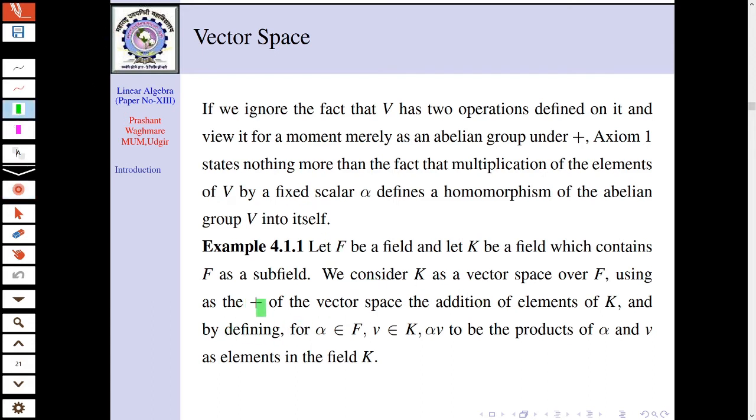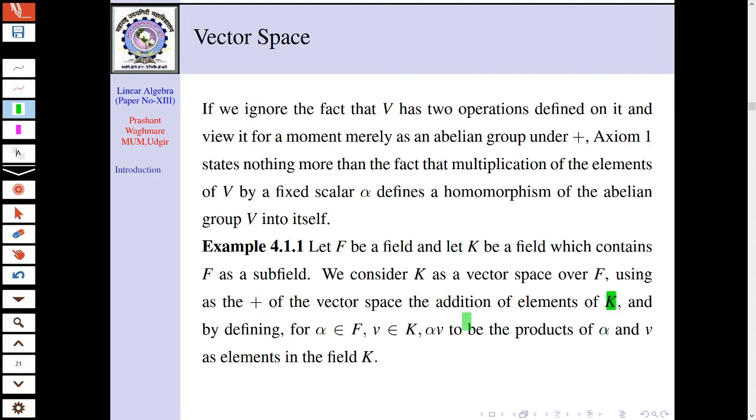Alright. Now how does it happen, that we must see here. Now as K is a field, it is an abelian group with respect to addition. Right, that is okay. Now the next thing I want to define is scalar multiplication.